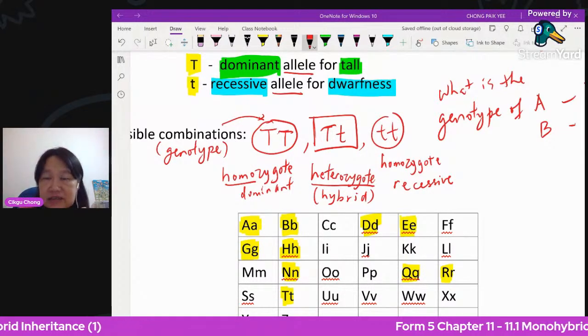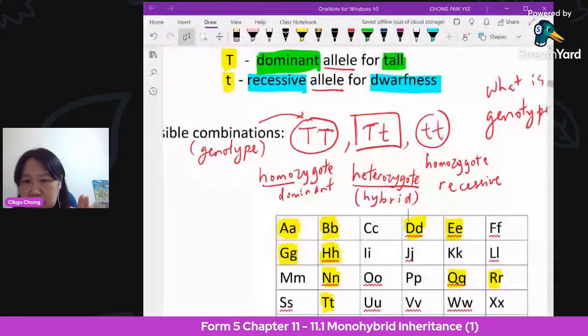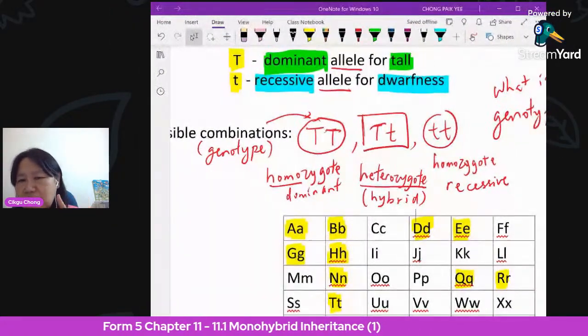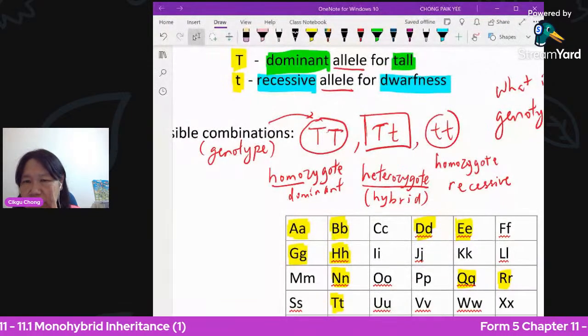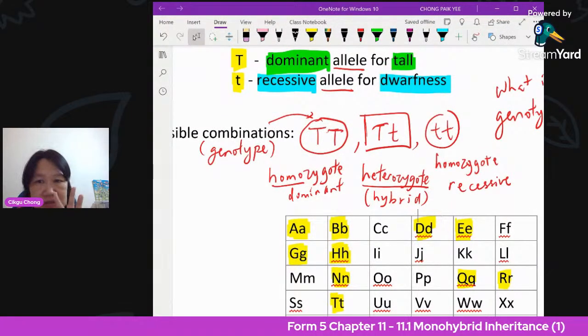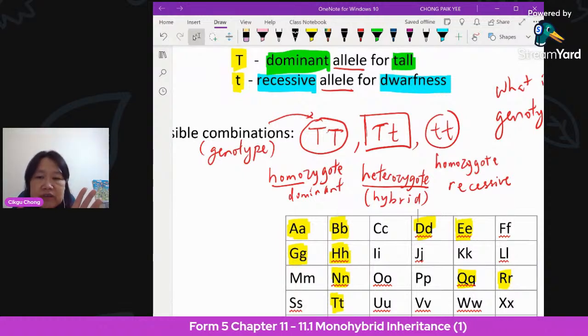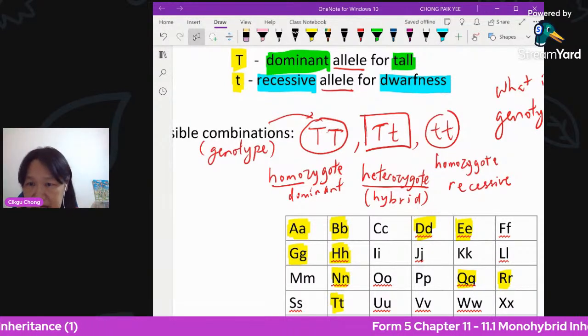Is that clear? Okay. Can I just see by a show in the comments? Can you just type 1111 if you understand? If you don't understand, you type maybe a question mark. I just want to see if so far it's okay or not. I've introduced homozygote, heterozygote, dominant allele, recessive allele.